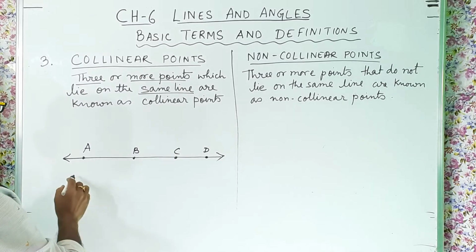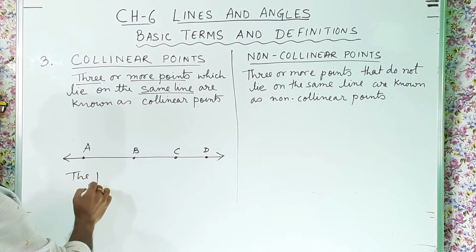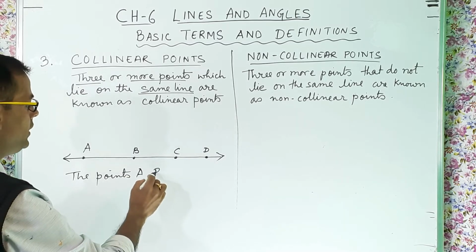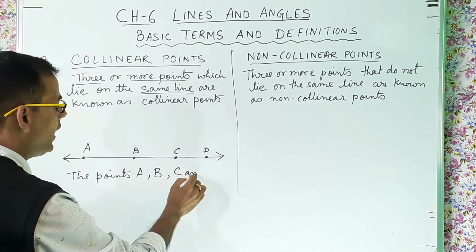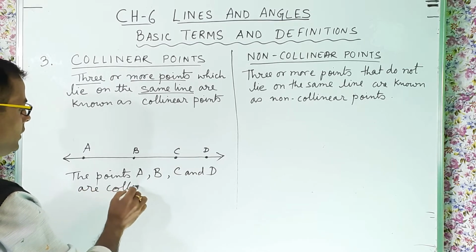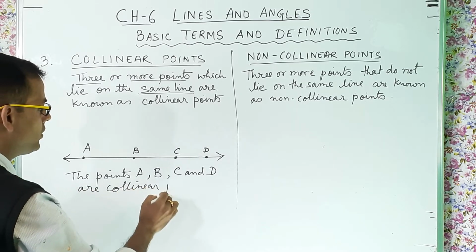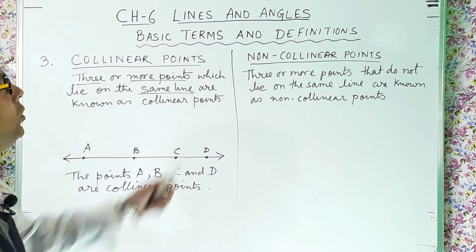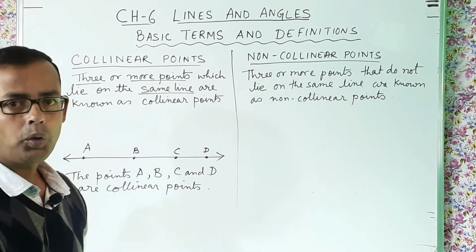So we can say the points A, B, C and D are collinear points. Clear or no?